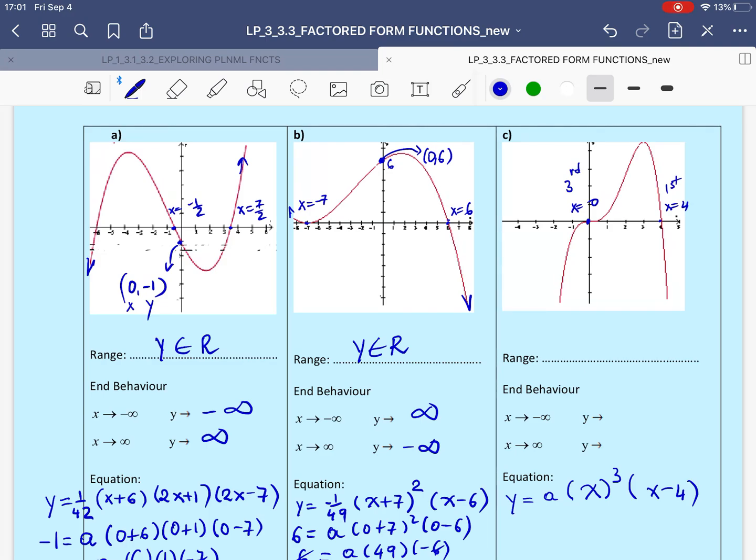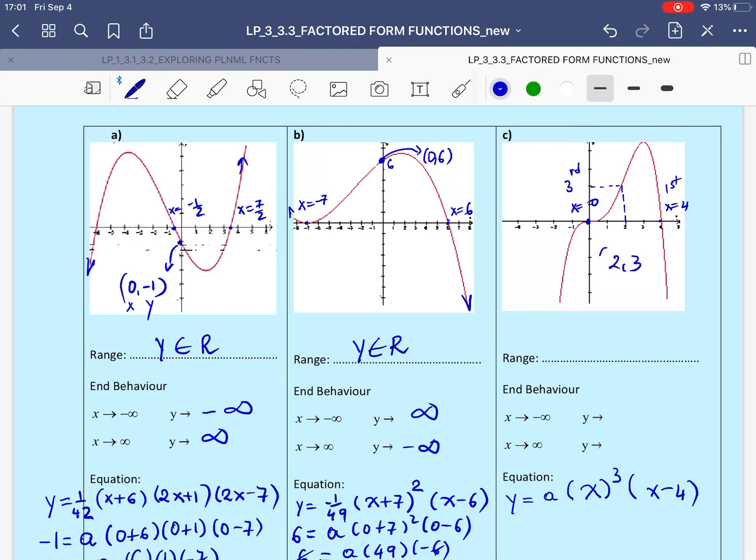We can use the 0, 0, the x-intercept in there, to figure out what the value of a is. However, we have to watch out and not use the y-intercept that is in the meantime the x-intercept, because that won't help us find the coefficient a. But we can actually use any other point on the graph.